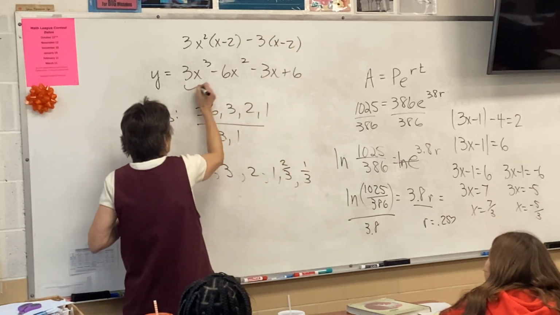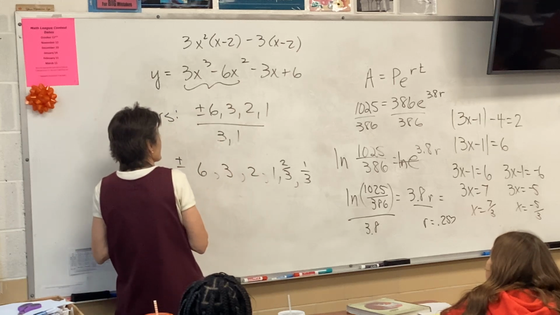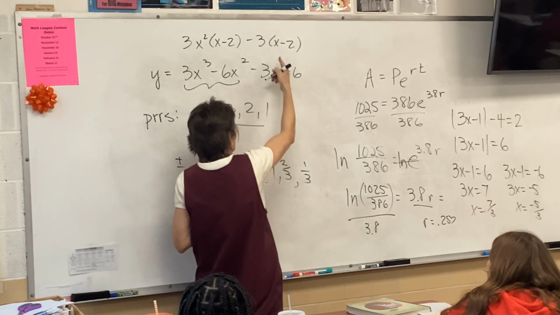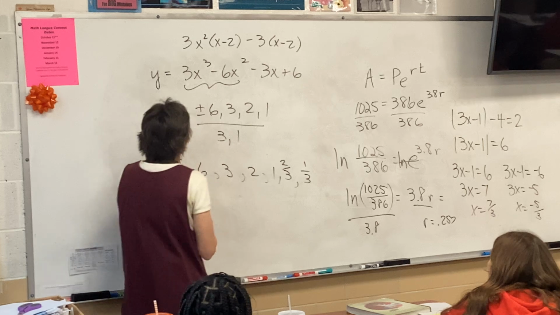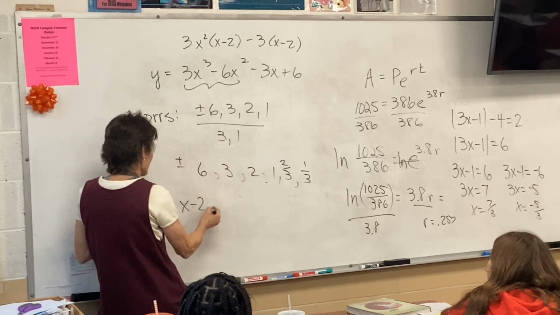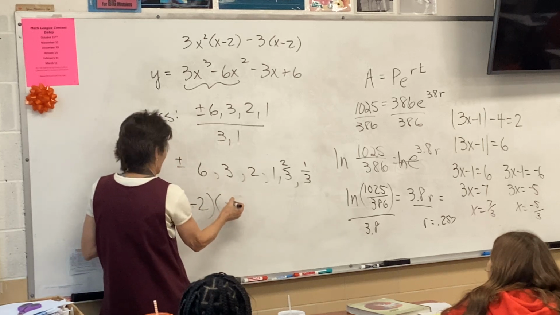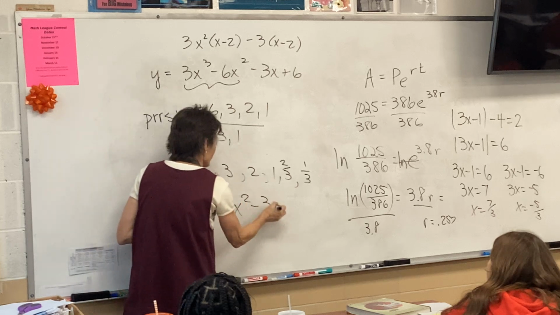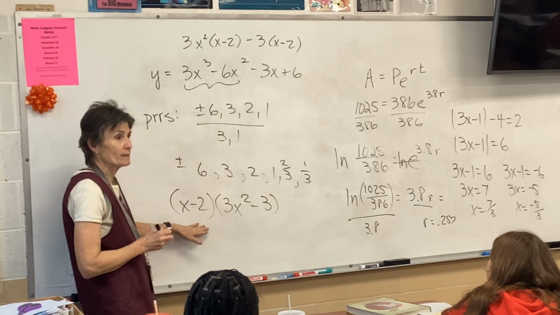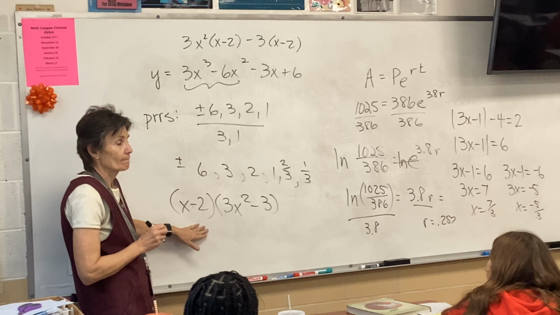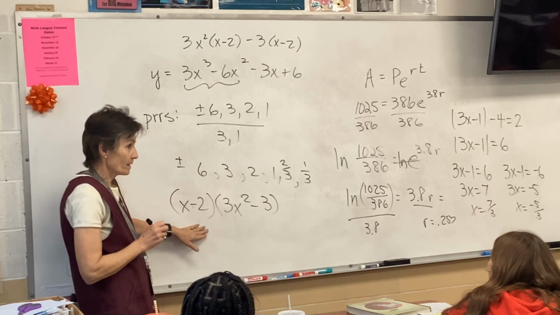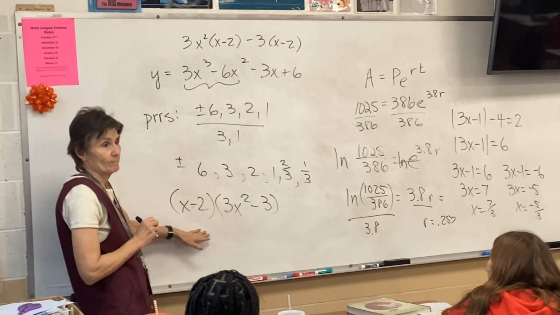So I'll take a 3x squared out of the first two and a negative 3 out of the second two. So now I have x minus 2 and 3x squared minus 3. So here's where I am right now. Okay, does that factor any further?